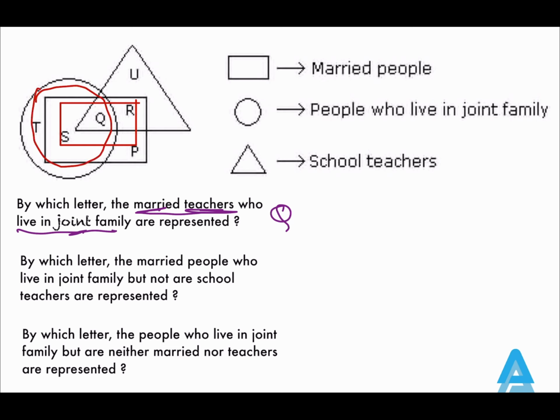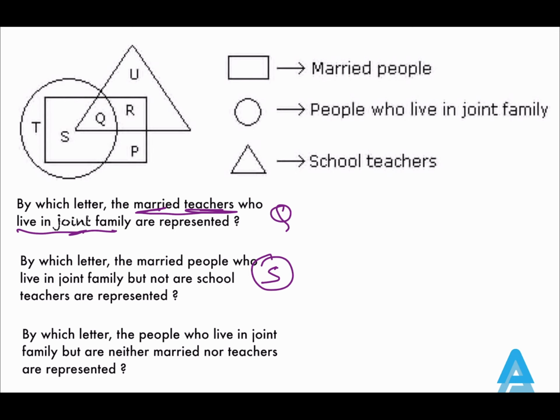So you can say that this part here represents married people who live in joint family. But tell me whom to exclude. You need to exclude school teachers. It means we need to exclude Q. So this part was containing Q and S. So remaining part is S. Okay.